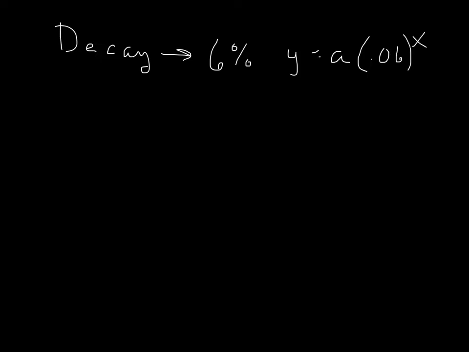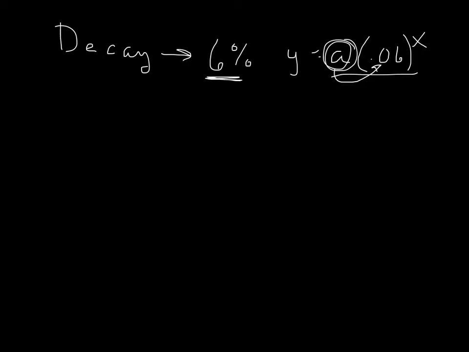For decay, say it decays at 6%. Well, the common mistake students make is to write a, whatever your initial population is, times 0.06 to the x. No, this would be incorrect, because if you have an initial population of whatever you like, a, and you multiply it by 0.06, you only have 6% left. This is decaying by 6%.